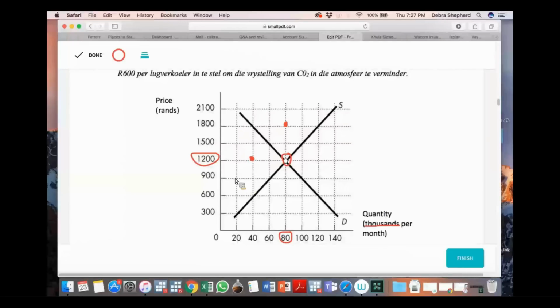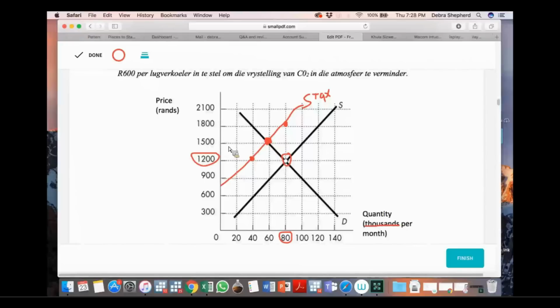So what happens to the supply curve is it shifts up vertically by the value of that tax. The new supply plus tax curve is going to go like this. Okay, so this will be the supply and tax curve. With the tax of 600 Rand, the supply and tax curve is going to intersect demand at this point here.